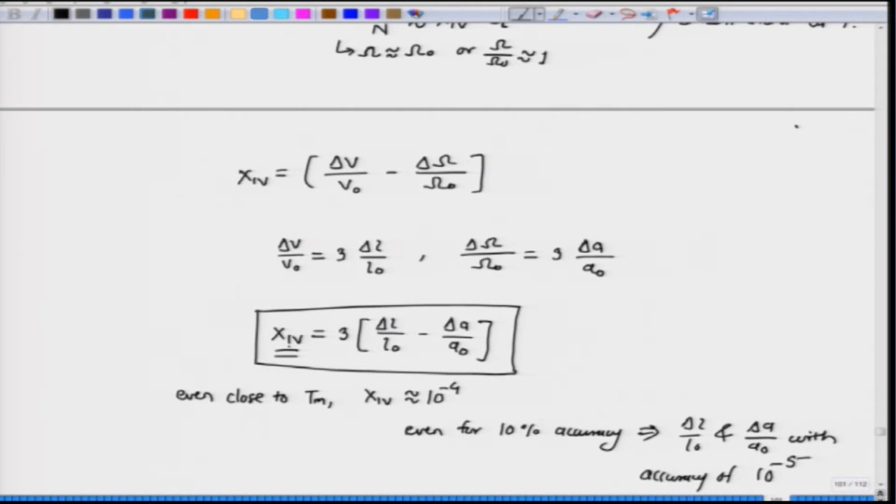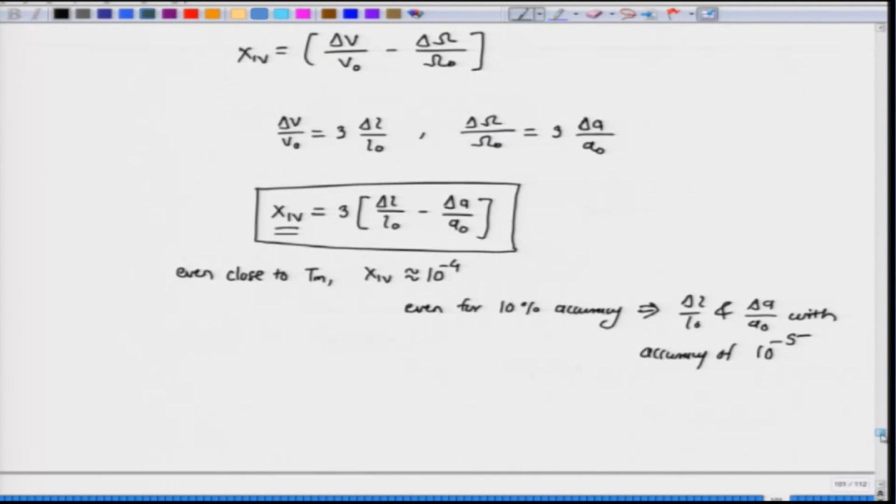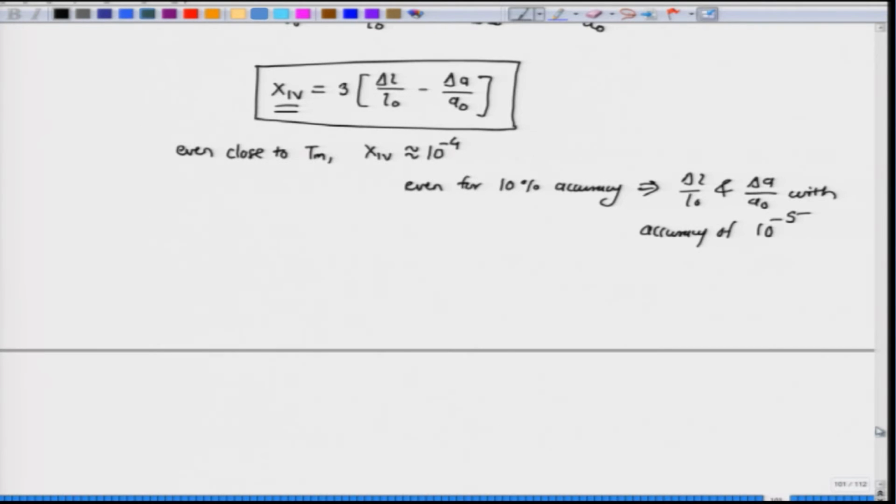That is when we have a very high vacancy concentration, about 10 to the power minus 4, right. So, the measurements have to be done with very high accuracy.